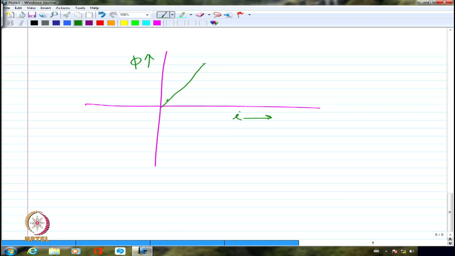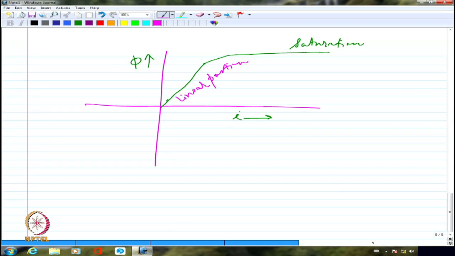But beyond a particular point, the increase will become less and less, and it will become almost flat. Where it becomes flat, this portion is known as the saturated portion of the magnetization characteristics. And the initial portion is the linear portion.